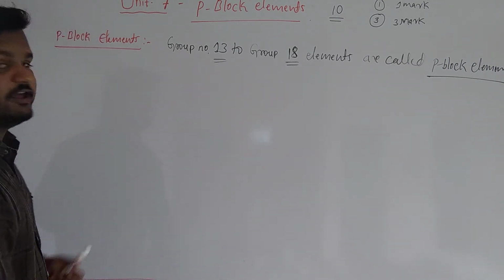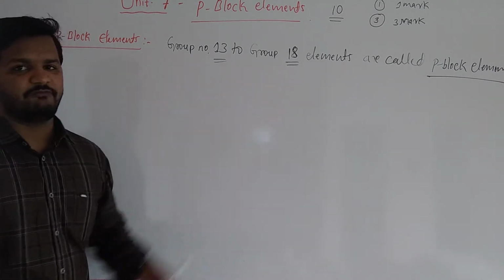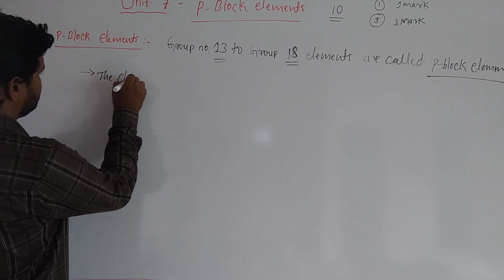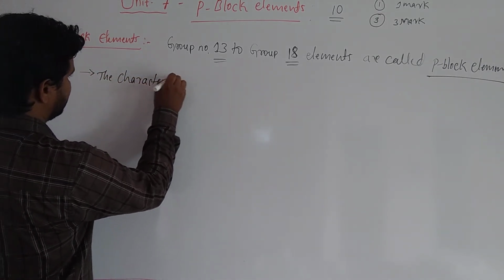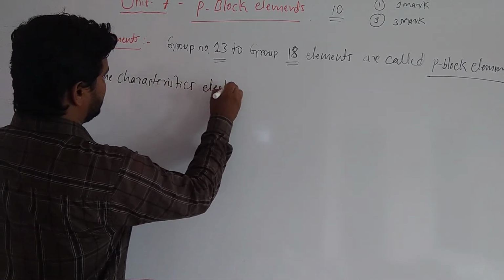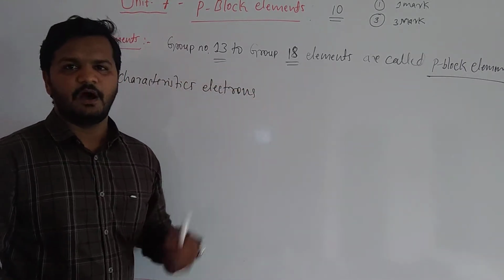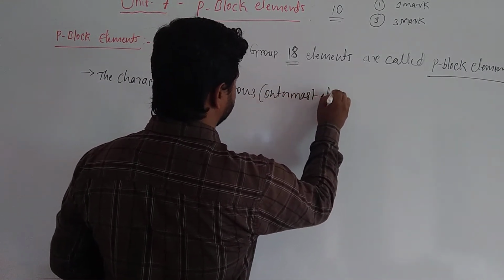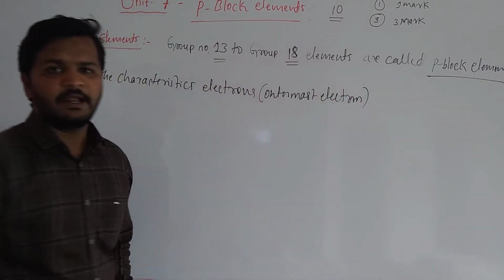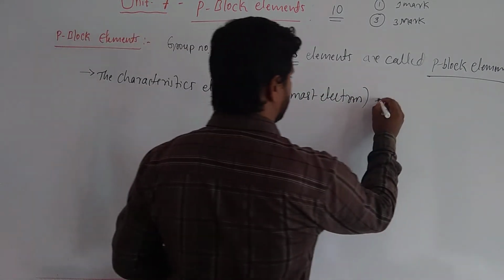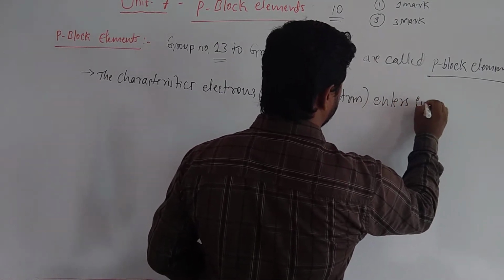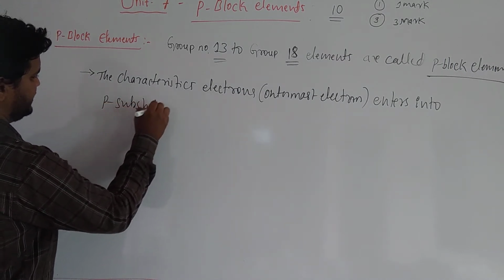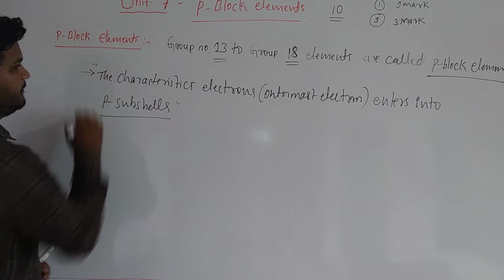And here is one more definition for P block elements. The characteristic electron, or you can say the outermost electron, enters into the p subshell. Those are called P block elements.